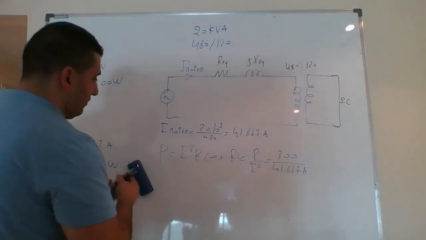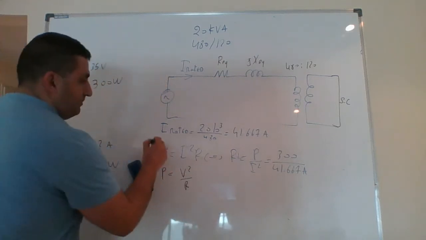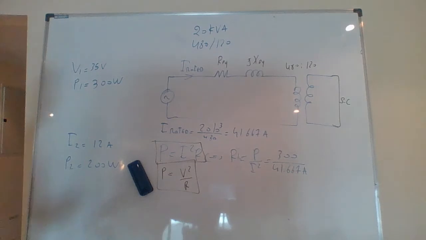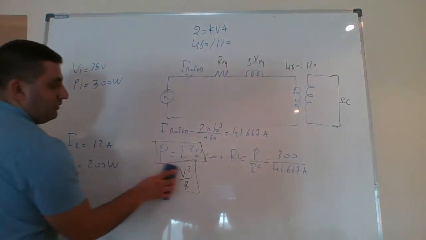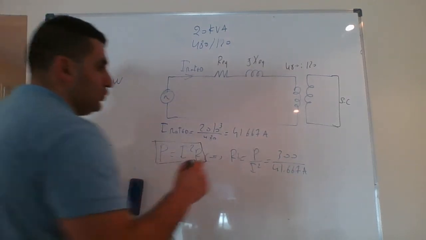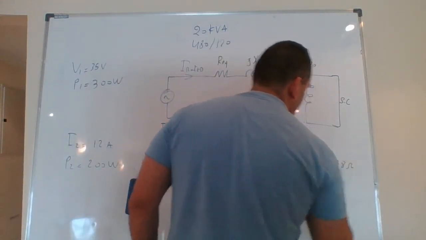The other equation is P equal to V squared over R. Please don't get mistaken between these two. P is equal to I squared R. So the answer for R will be 0.1728 ohm.